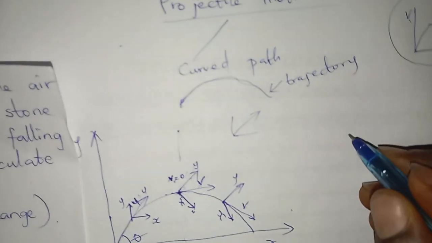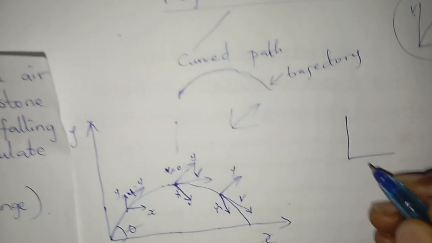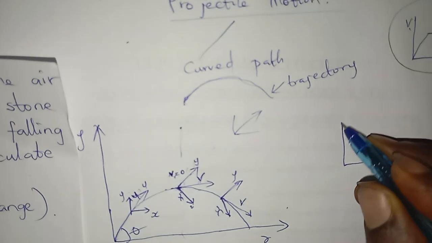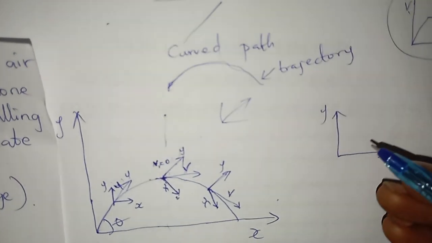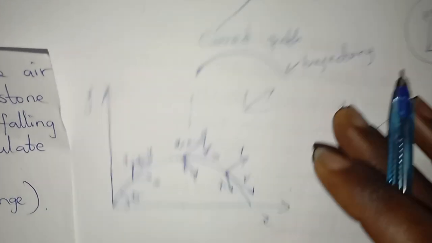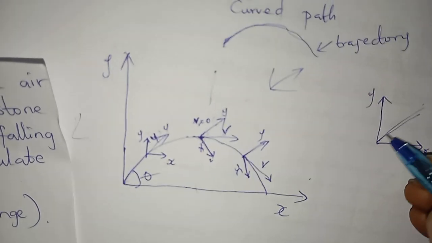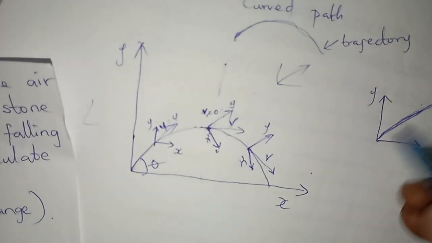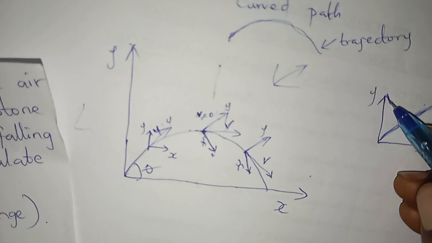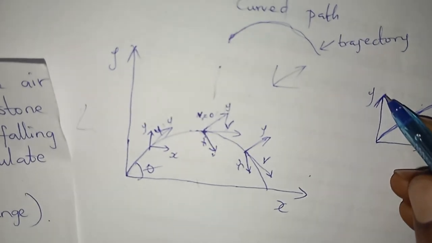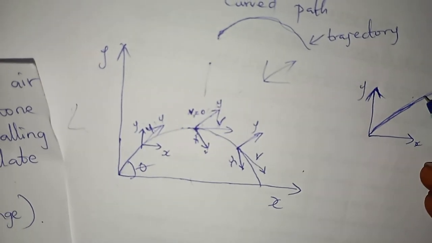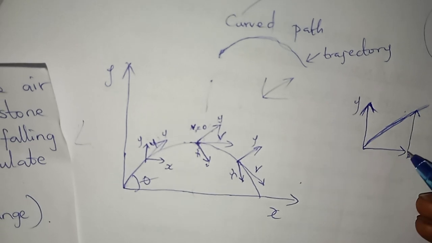Now let's see. You remember that this is the x-axis, this is the y-axis, and this is the velocity. Notice that vector law says that what I have here is also this side, so I can come and put it here.